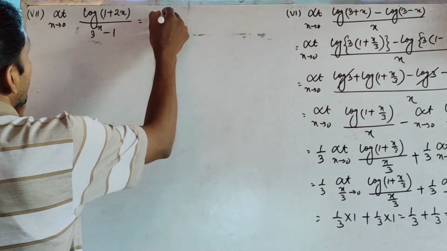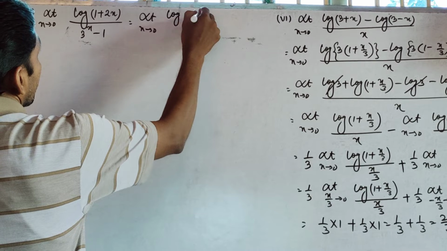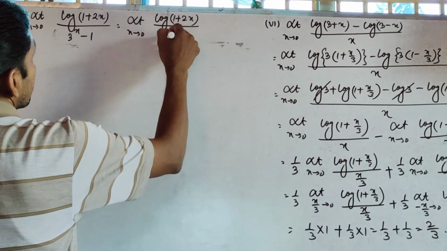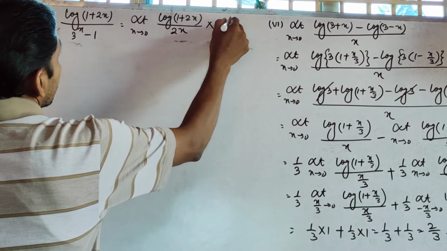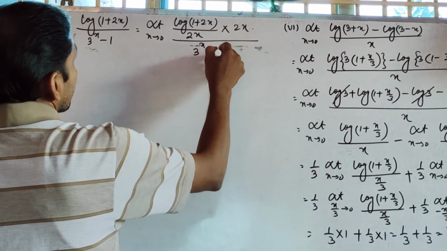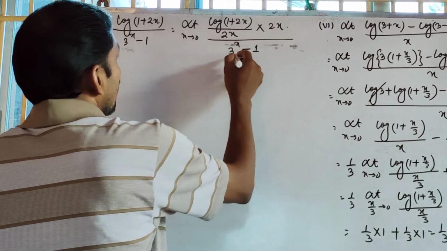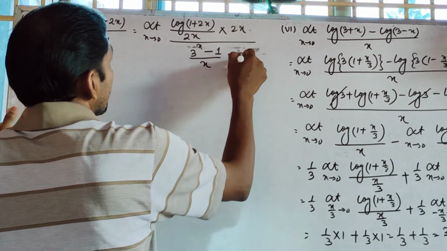So first of all, what we will do? Here log 1 plus 2x, you multiply and divide 2x first, whole divided by 3 to the power x minus 1. Here x will equal to x into x.